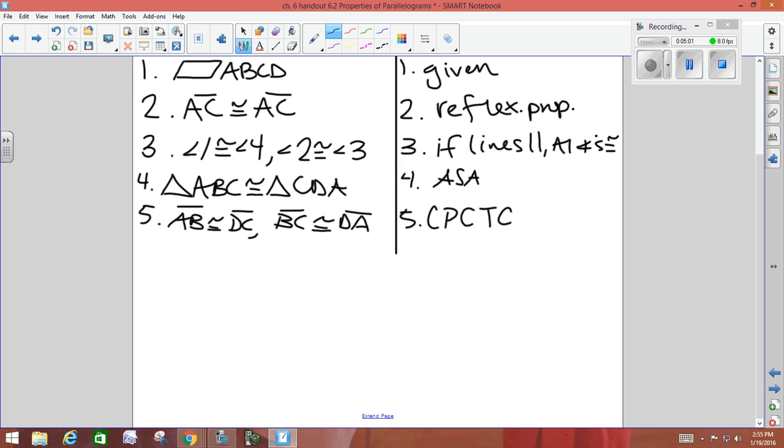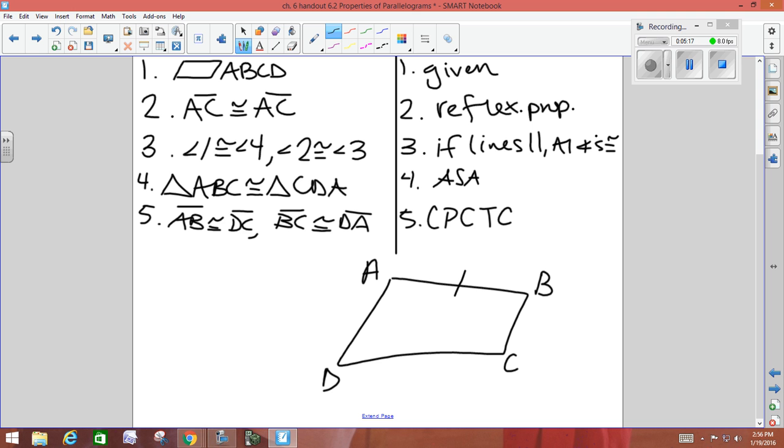Okay, what parts? Well, it was given that it was a parallelogram, right? And then we just proved that AB is congruent to DC, and BC is congruent to DA. Yeah, its opposite sides are congruent, the parallel ones.